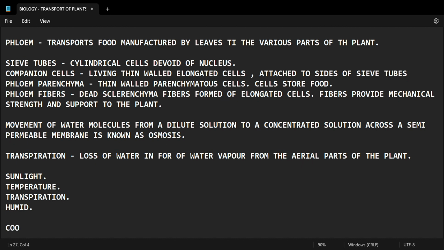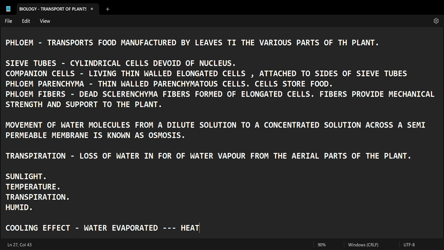Now the importance of transpiration in plants. Why is it important? It gives a cooling effect because when water gets evaporated, it takes the heat from the plant.